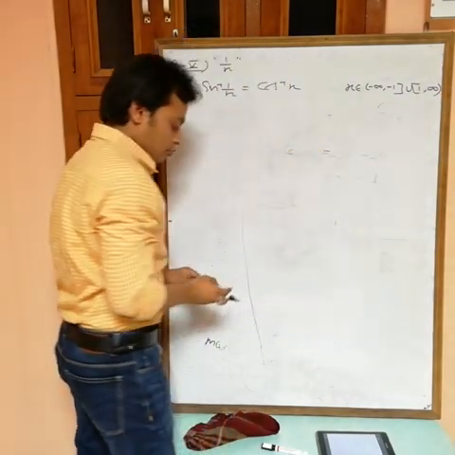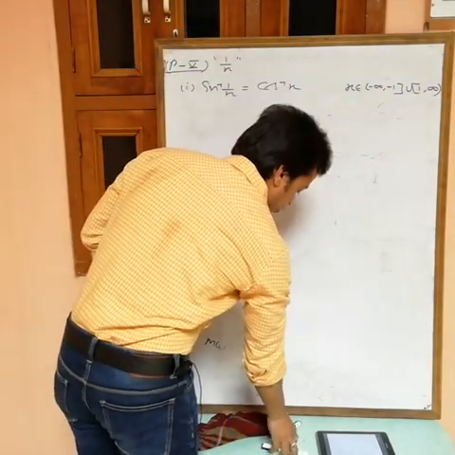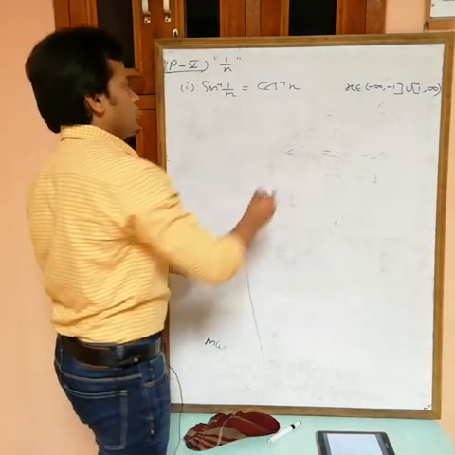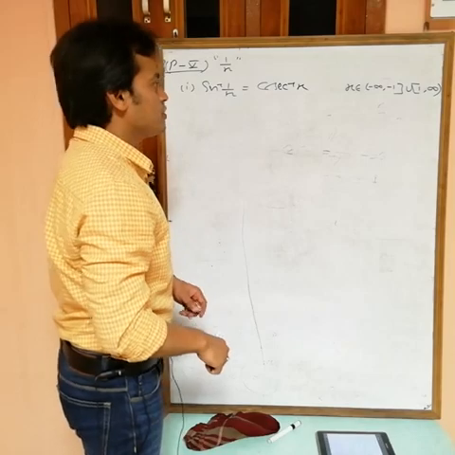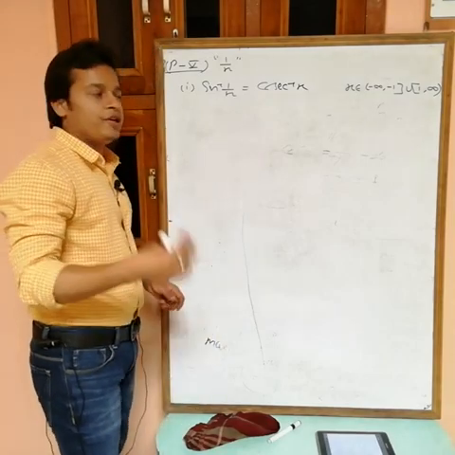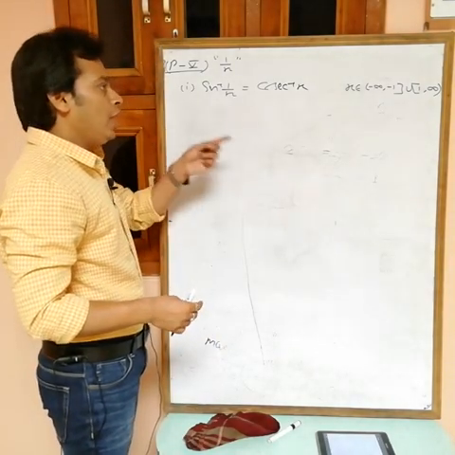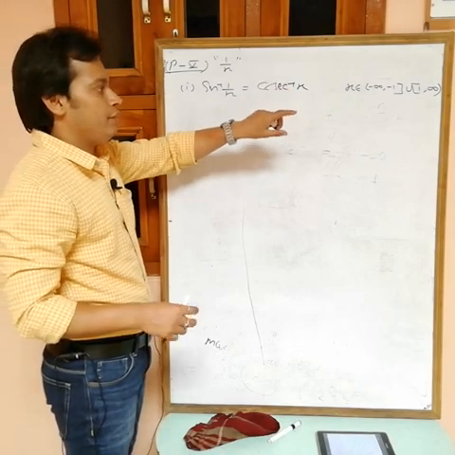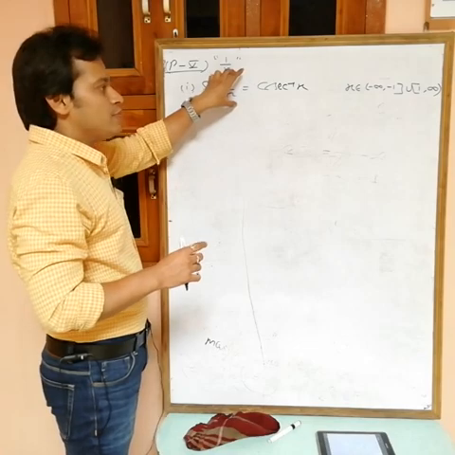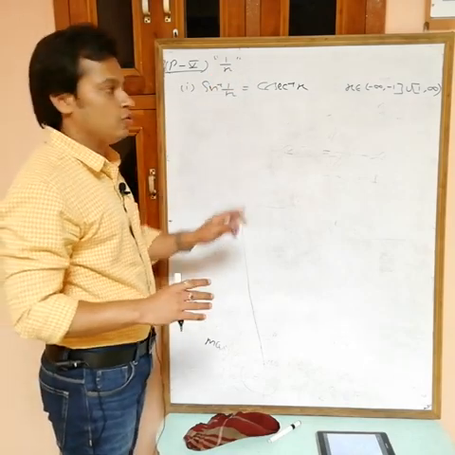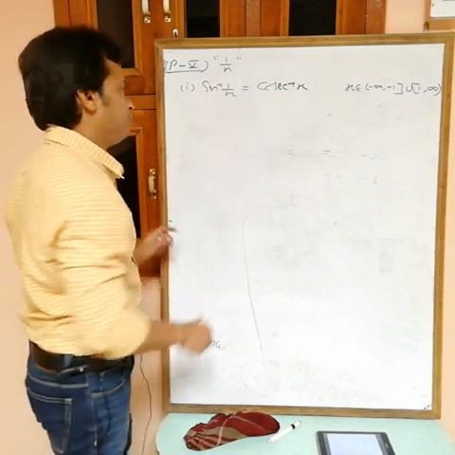The function must be defined. The domain of cosec inverse is minus infinity to minus 1, 1 to infinity, and when x lies in this interval, 1 by x lies between minus 1 and plus 1. So both are defined for this.